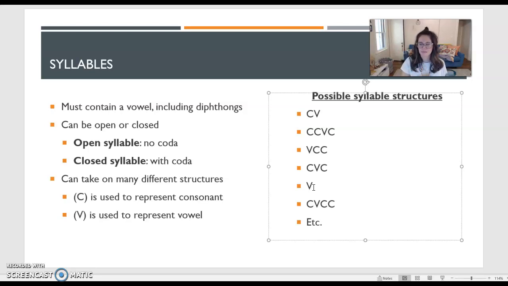Or I. Then you have something like this CV structure here. That could be a word like no, and that could be N-O spelled out like no, or that could be spelled out like K-N-O-W, like know, okay? And this is because we're not looking at spelling.